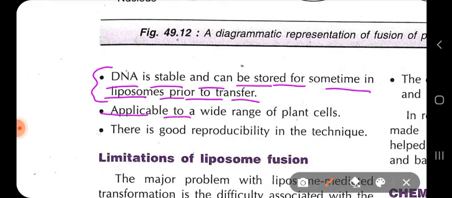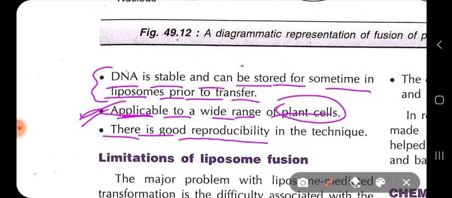It is applicable to a wide range of plant cells. So liposomes can be used for transferring our desired DNA to a wide range of plant cells, and you can apply this technique to a wide variety of target plants. There is good reproducibility in this technique.